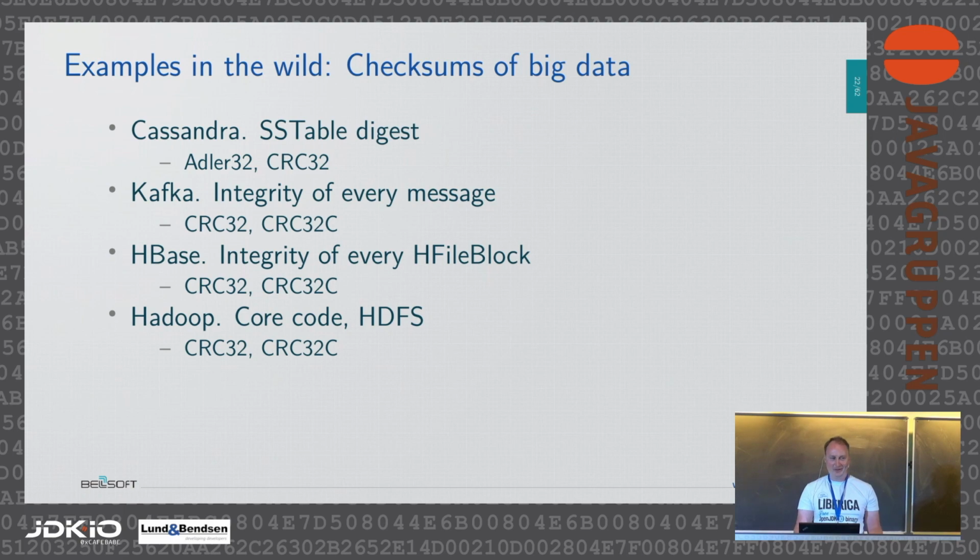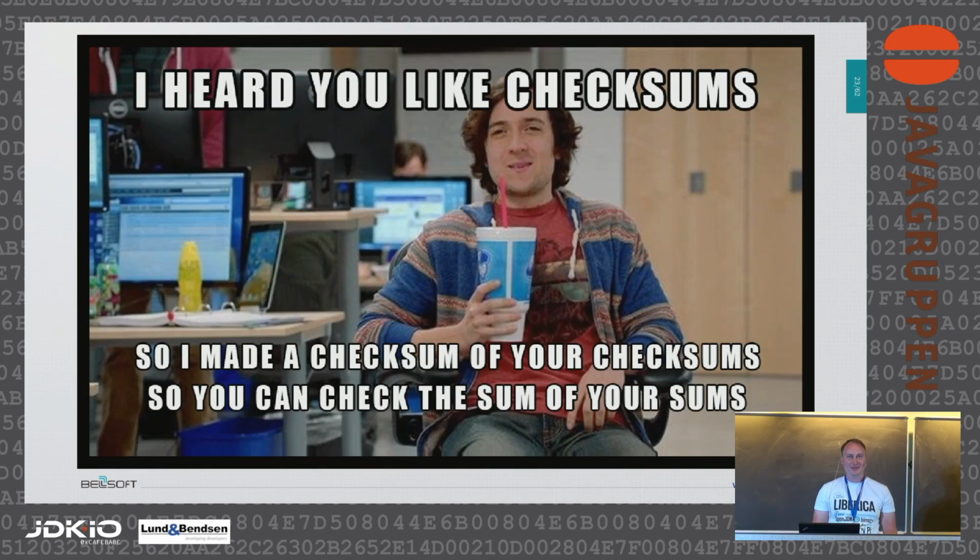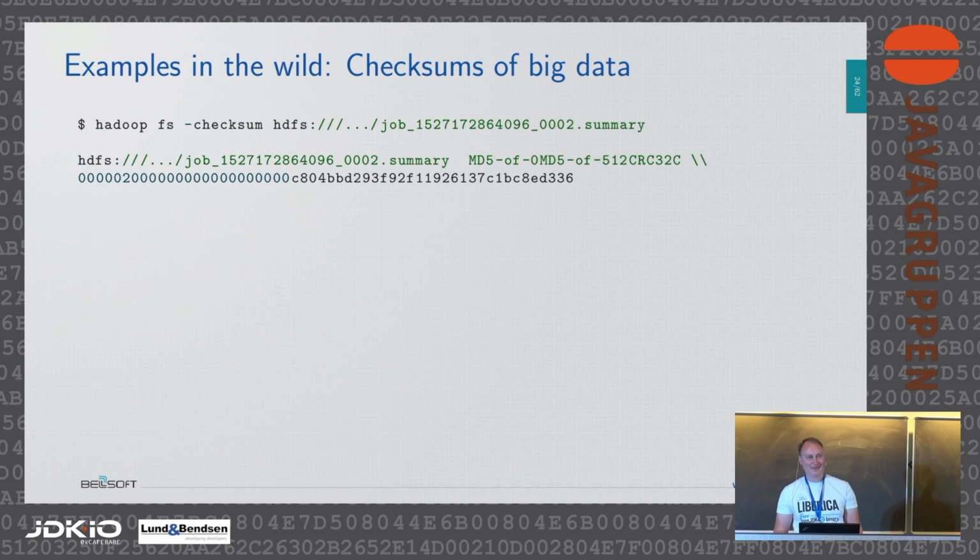What about, I don't know, calculating a checksum of checksums? Makes sense? Sounds funny, but it does. Like, really, if you, for example, store your HBase HFile, as it's called, on HDFS, you will have both a checksum in the upper layer and on HDFS itself.